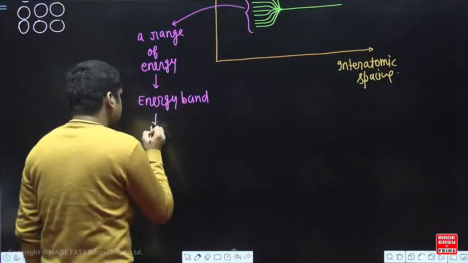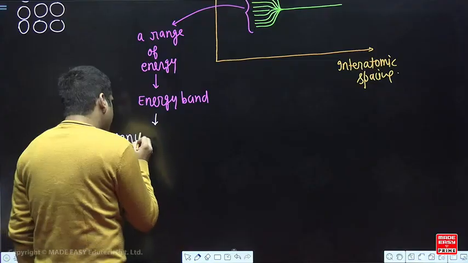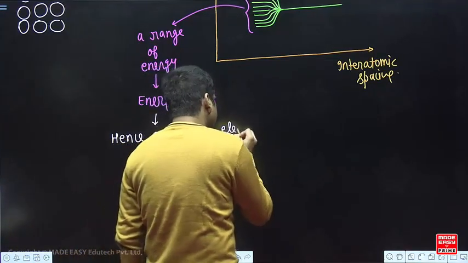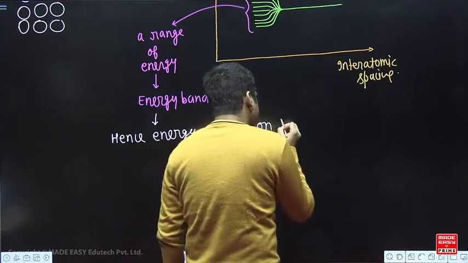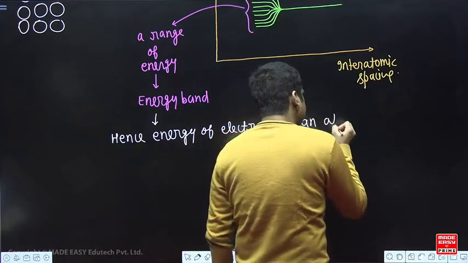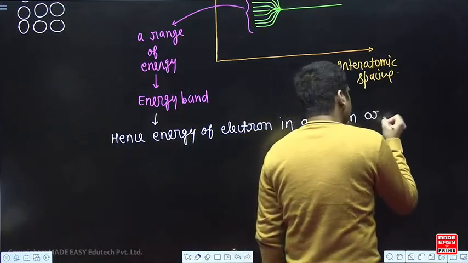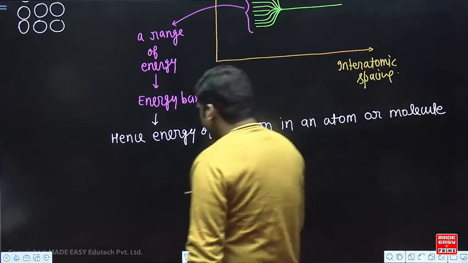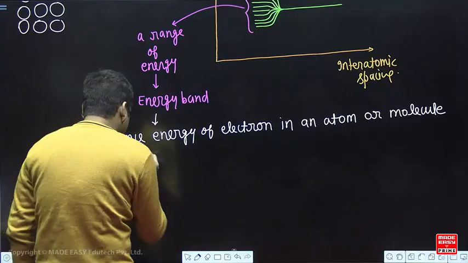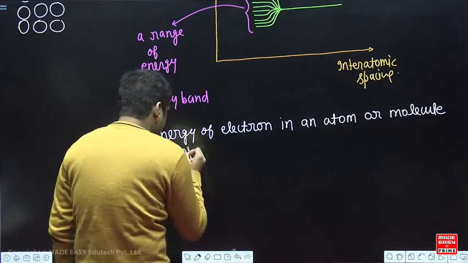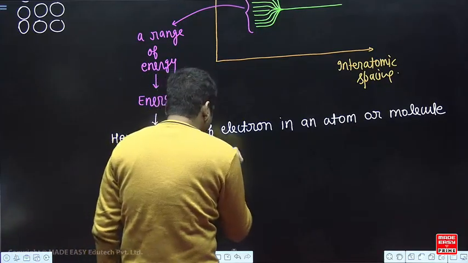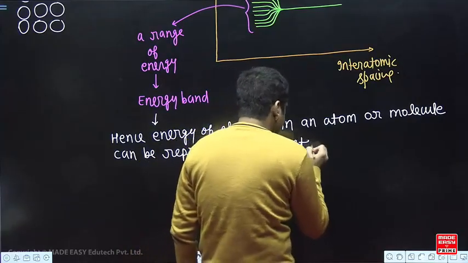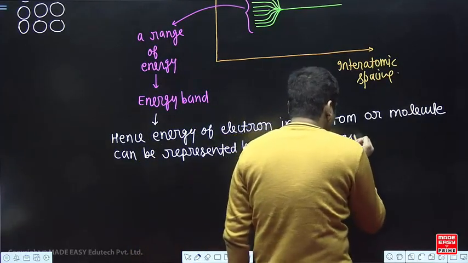Hence, energy of electron in an atom or molecule can be represented by discrete energy levels.